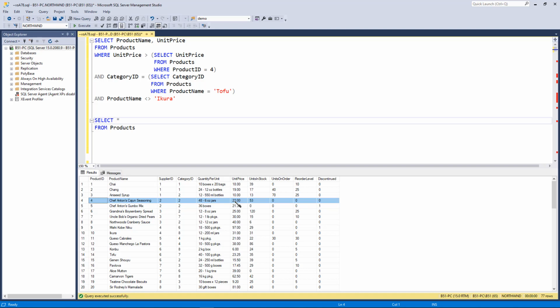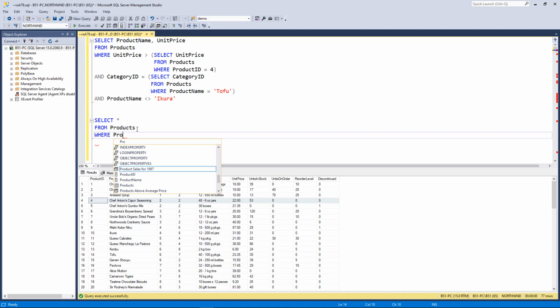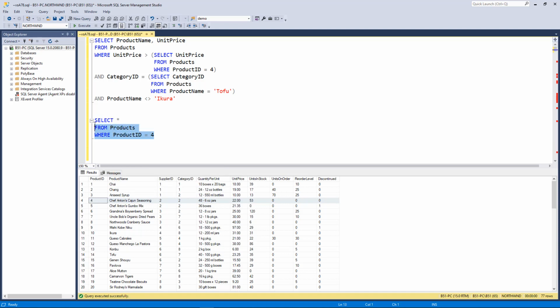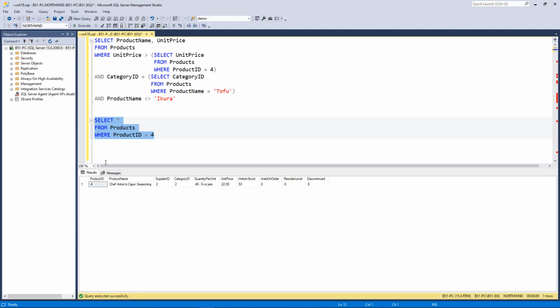We want all the unit price to be higher than 22. This is why we'll do where the product ID is 4. We get 22. We want only the unit price. Here we have the unit price of product 4.